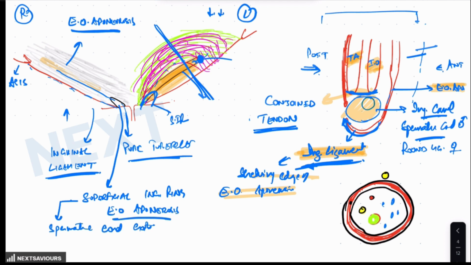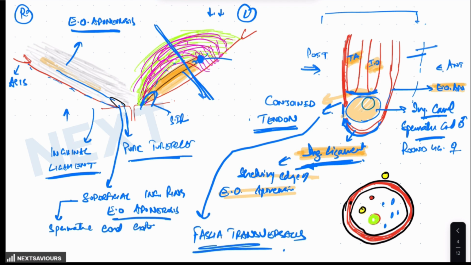Now coming to the floor, that means the posterior aspect, the floor of the inguinal canal is formed by the fascia transversalis. On the inferior aspect of the fascia transversalis, it gets thickened, and this is called the iliopubic tract.